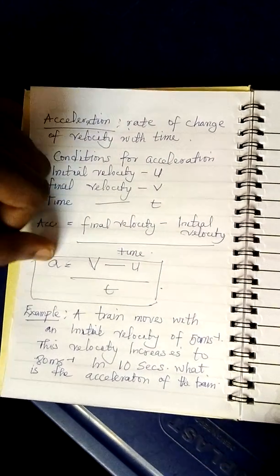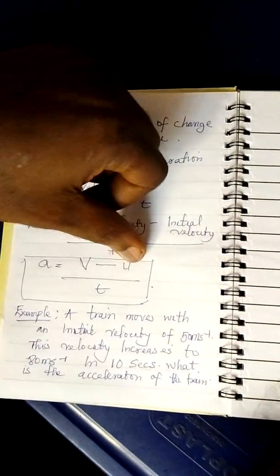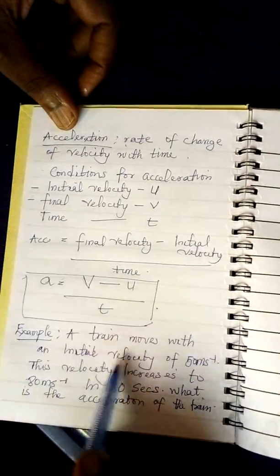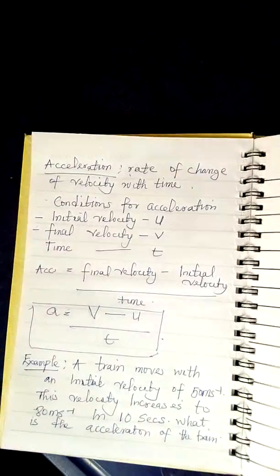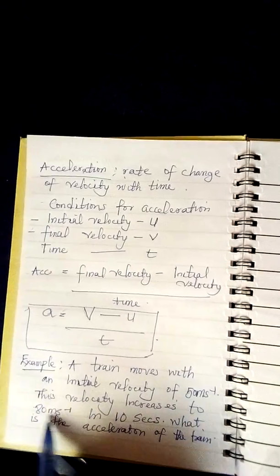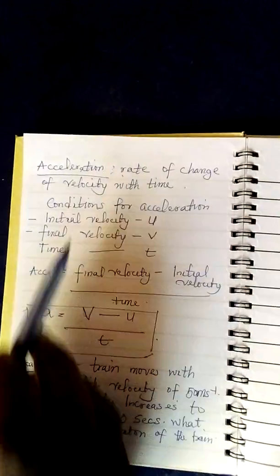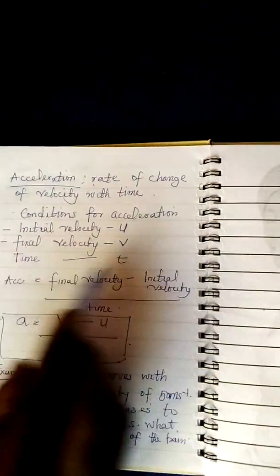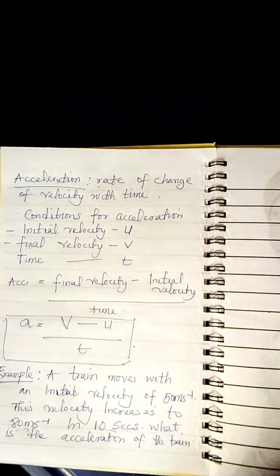So we know that acceleration is final velocity minus initial velocity over time. So our acceleration is unknown. From the question, the initial velocity, which is u, is 50 meters per second. Then it increases to this, so this will become the final velocity, which is v. So final velocity becomes 80 meters per second, and then the time for this change in velocity is 10 seconds.